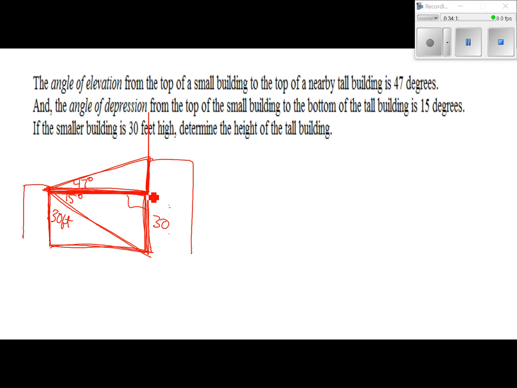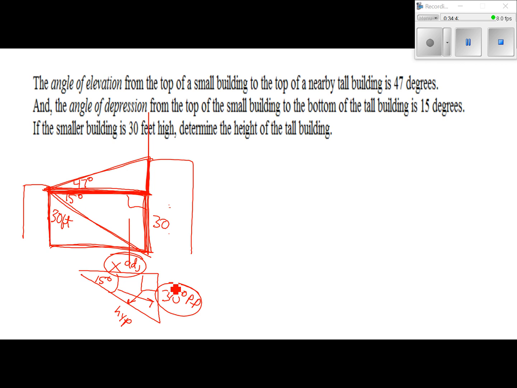So if I split off that triangle, you know, this is a 90 degree angle, that's 30 feet. I think it said 30 feet, right? And this is a 15 degree angle, and I want to find this side. We label it according to the 15 degree angle. That's our opposite leg. That's our hypotenuse. This is the adjacent. Well, we're looking for that side, and we know that side.